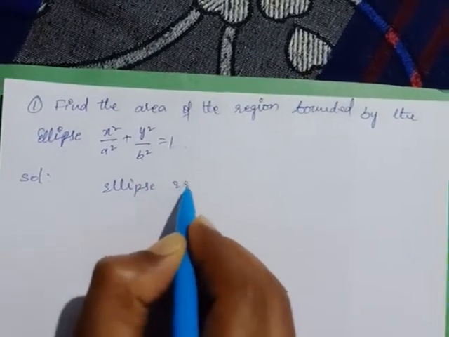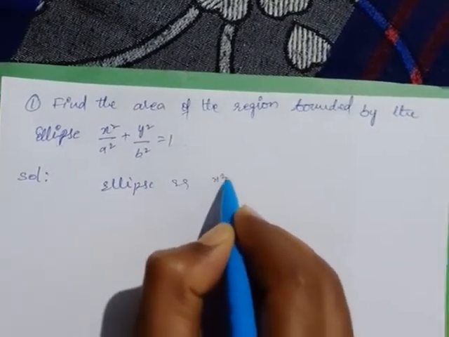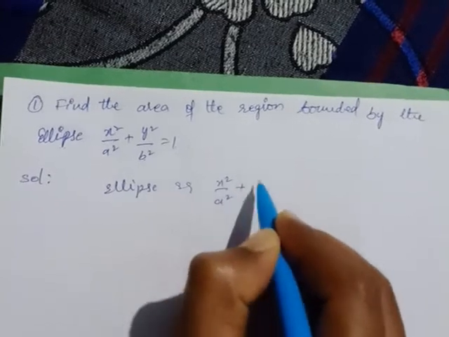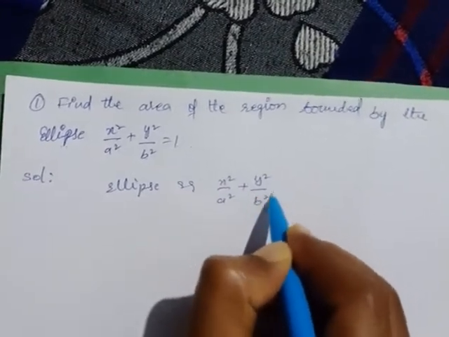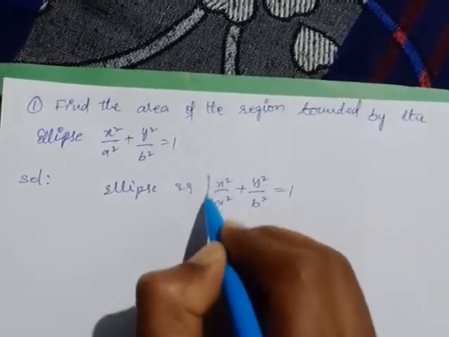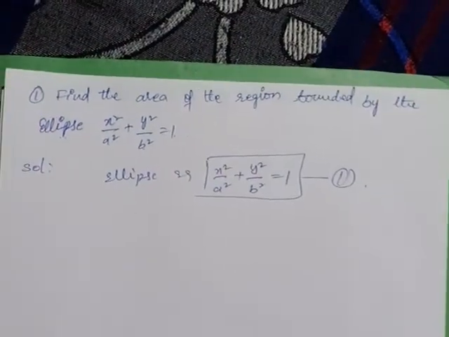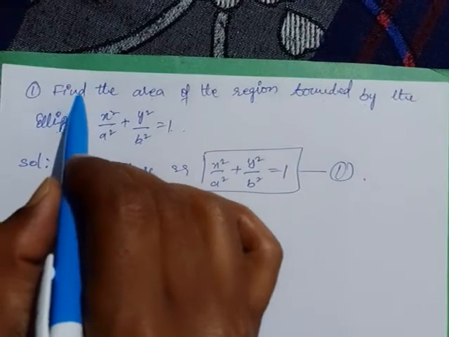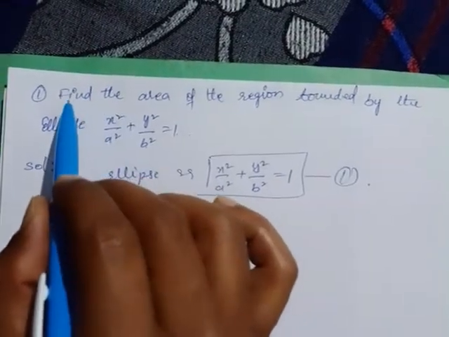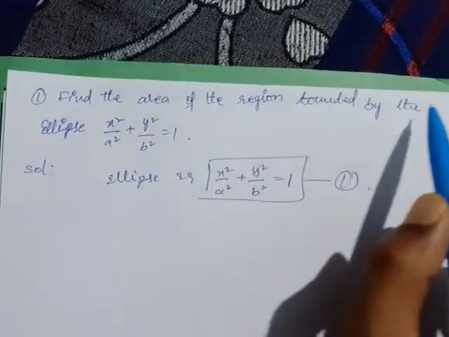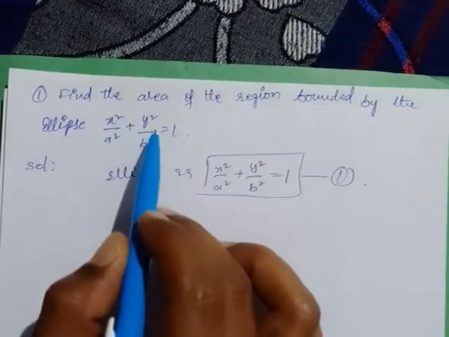The ellipse equation is x square by a square plus y square by b square is equal to 1, as equation number 1. In the question, he asked directly to find the area of the region bounded by the ellipse. This is the ellipse equation.